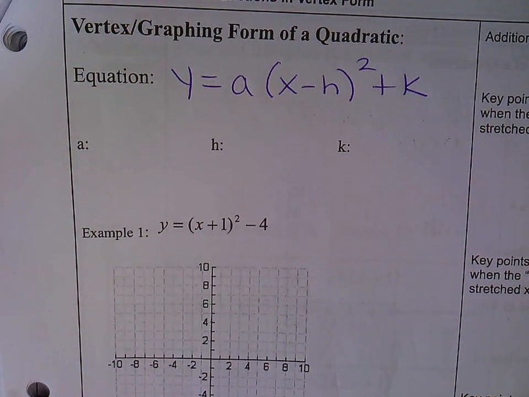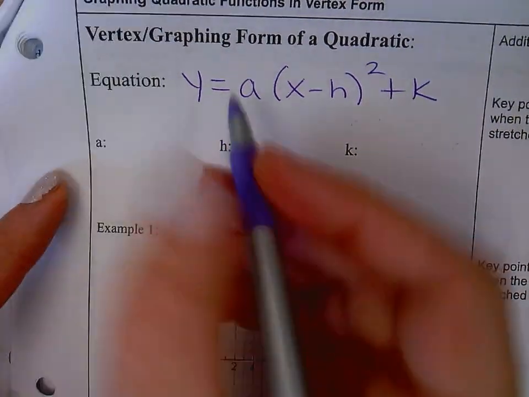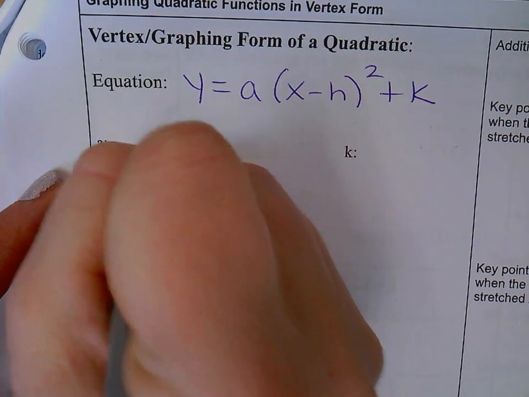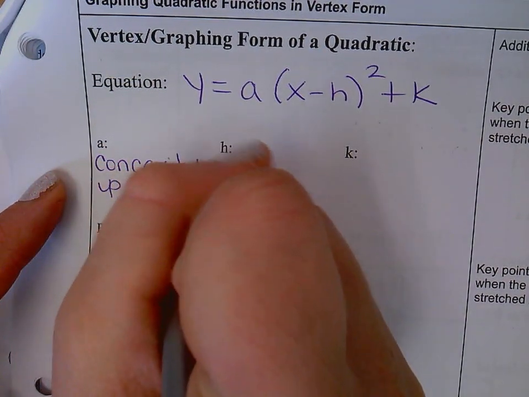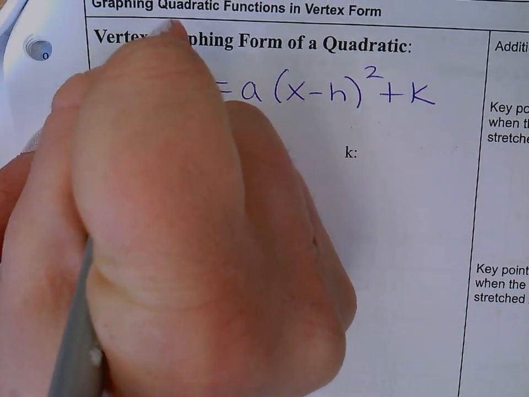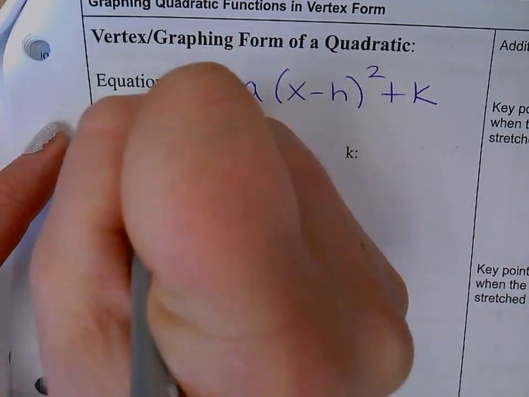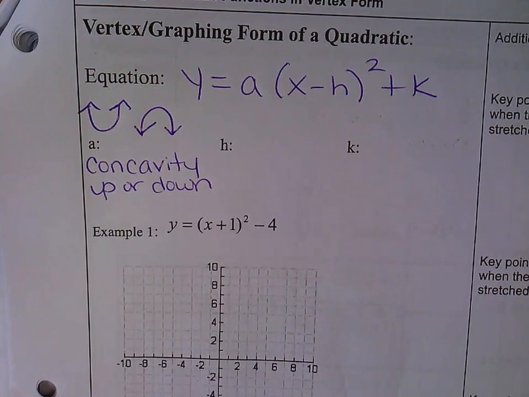I want to be able to write down, what does this number do? And what does this number do? All right, so A, we call this your concavity, up or down. So basically, am I going to have a smiley face or a frowning face quadratic?